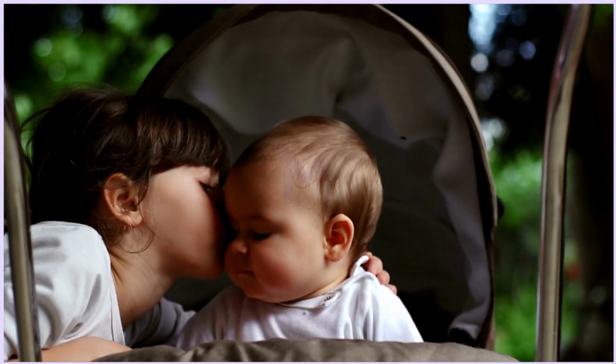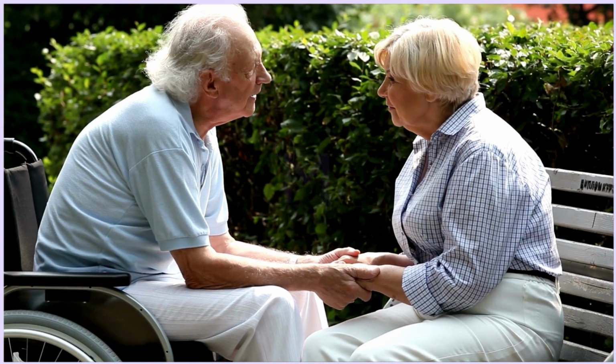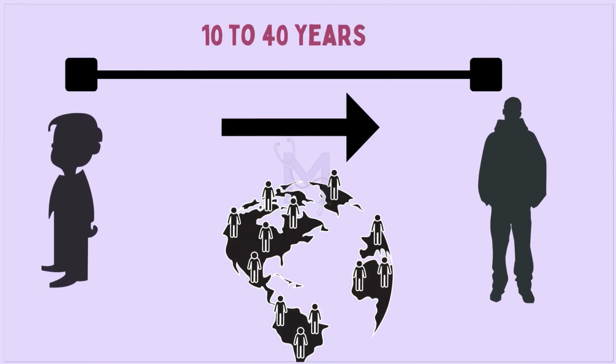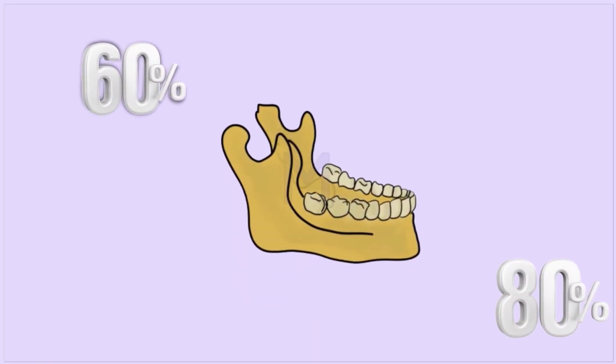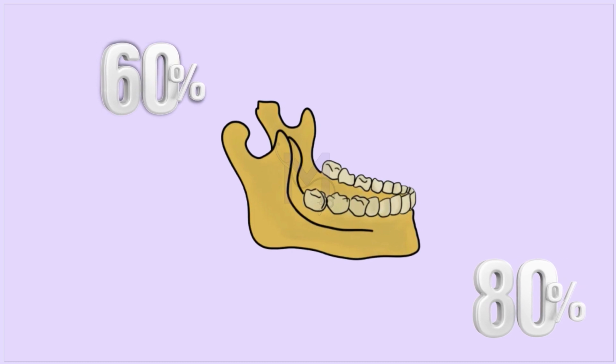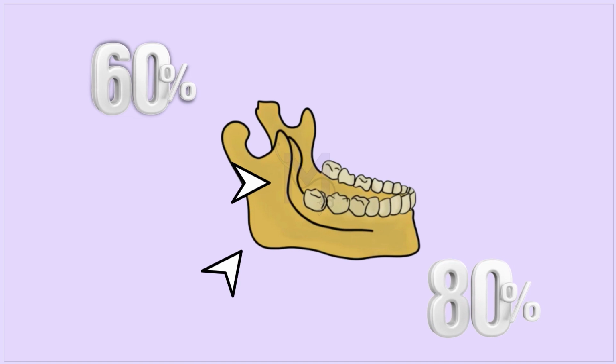Odontogenic keratocysts are found in a broad age range, from infancy to old age, but most of the cases are seen between the ages of 10 and 40 years. There is a slight male predilection. The mandible is involved in 60 to 80% of the cases, with a marked tendency to involve the posterior body and ascending ramus.